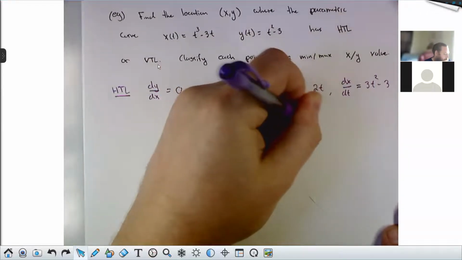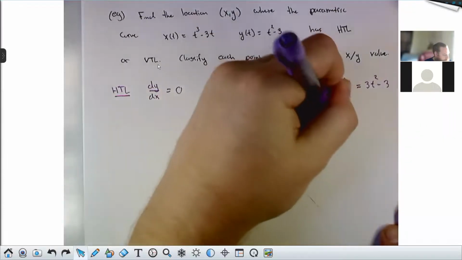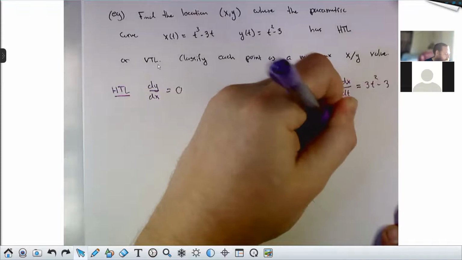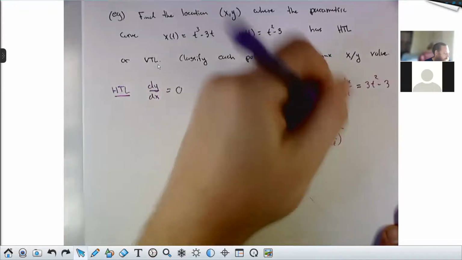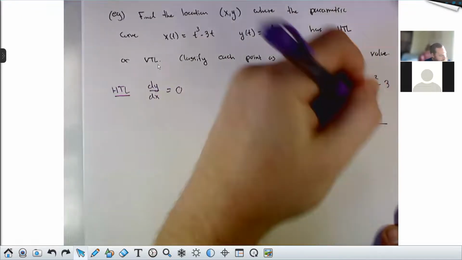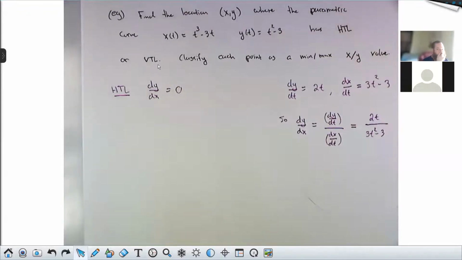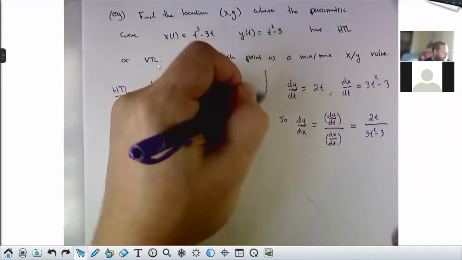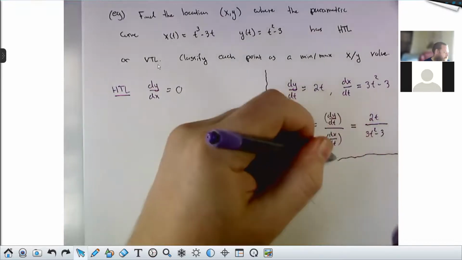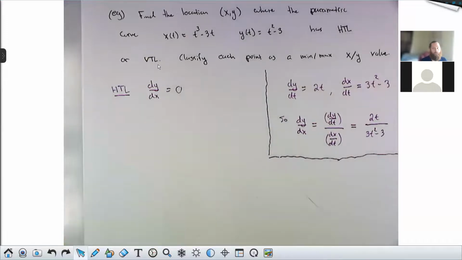So dy dx, I know should be dy dt divided by dx dt, which is 2t divided by 3t squared minus 3. So over here, we'll tuck away the calculus, actually do the differentiation, because we're going to use that in each of the other two pieces here.